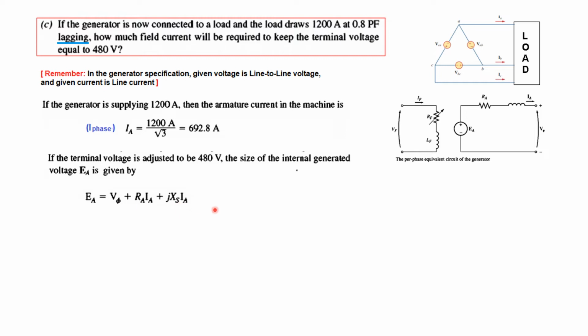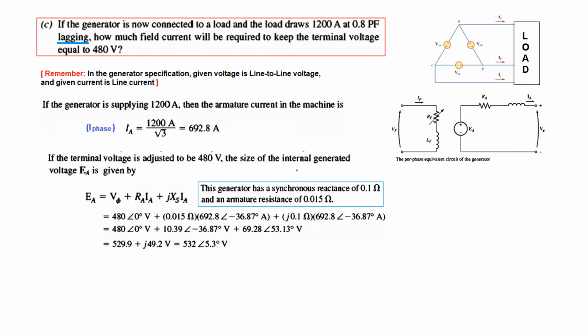We know all these values. The reactance is 0.1 given in the question and the resistance is 0.15. So putting in all the values: 480 volt terminal voltage, resistance multiplied by the single phase current that we calculated. Since it is lagging, power factor 0.8 means we have angle 36.87.